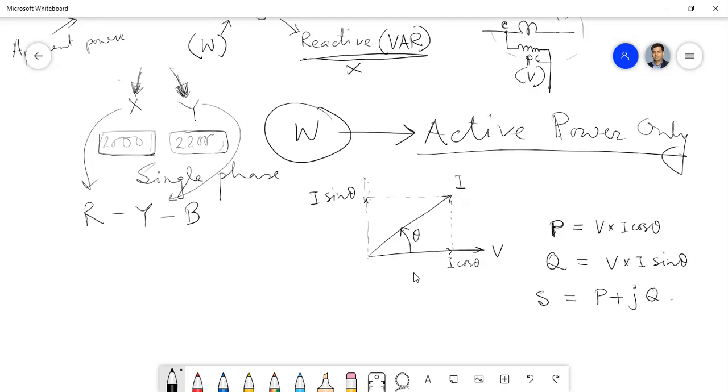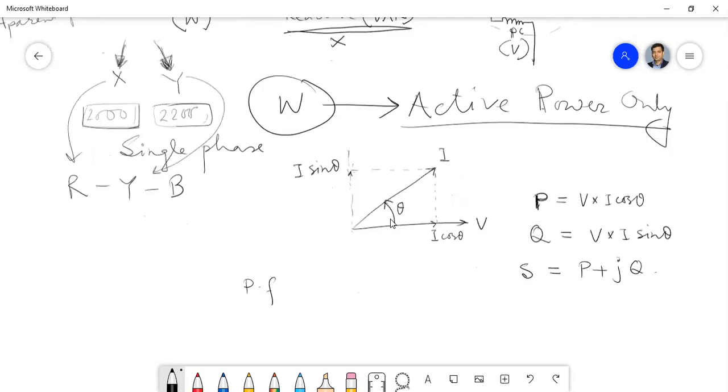Now from this you will understand well, if the power factor is low, power factor is cos theta, suppose this PF is cos theta, if this theta is high, what will happen? Power factor will be low. And what do you mean by theta high?